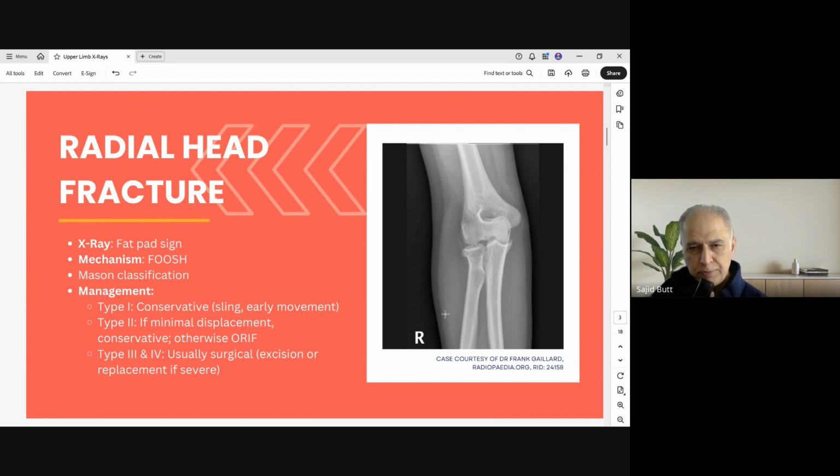The usual mechanism of injury is a fall on the outstretched hand. And when you go on to treat these, you have to obviously immobilize in a sling if there's minimal displacement, and if there is a significant degree of displacement, then you have to consider getting the fractures internally fixed.